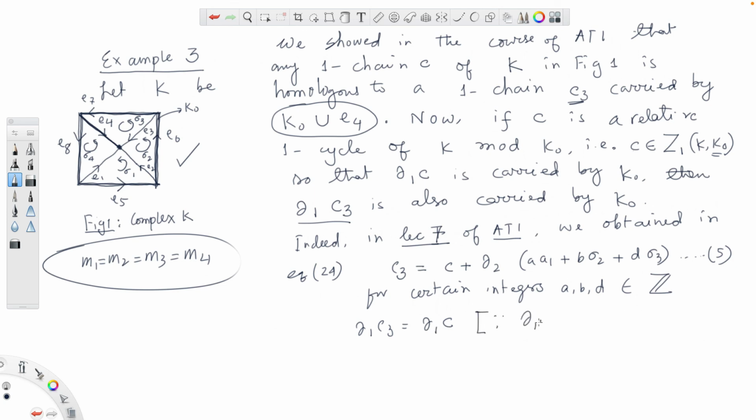Since delta 1 composed with delta 2 is identically 0, right? So therefore, since delta 1 C is carried by K0, delta 1 C3 has to be carried by K0 as well.